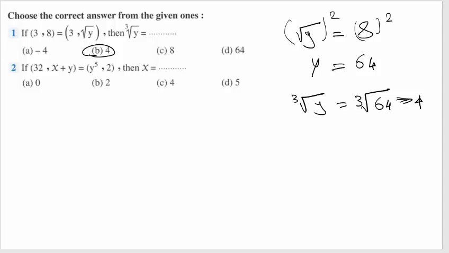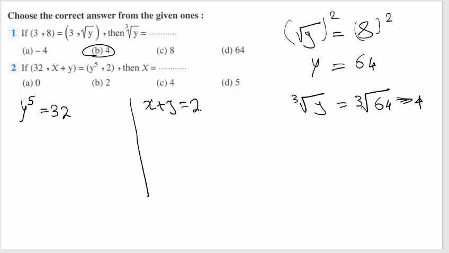The second one, he is asking me about the ordered pair (32, x + y) equals (y to the power 5, 2). Let me divide my copybook into two parts. First part, y to the power 5 equals 32. The second part, x + y equals 2.